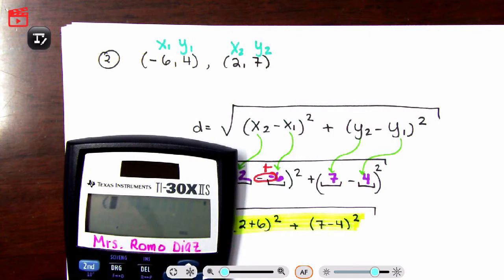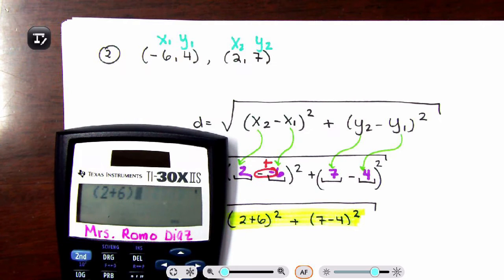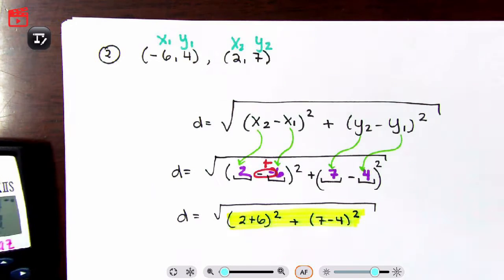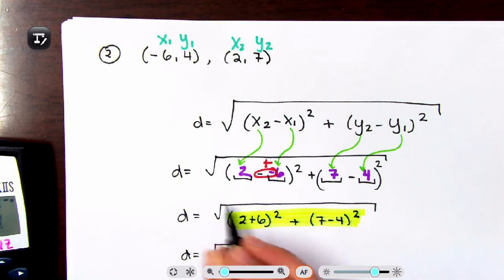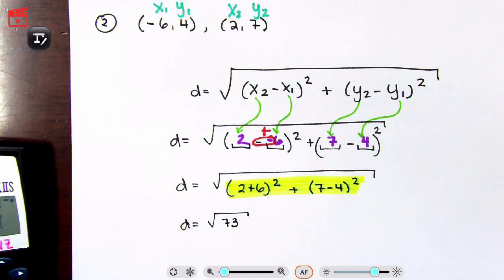I'm going to do parentheses, 2 plus 6, parentheses, squared, plus parentheses, 7 minus 4, parentheses, squared. Everything inside this square root, this radical, and I'm going to press enter. Now this will give me my exact answer. It is still inside the radical, inside the square root, but this is going to be the exact answer.